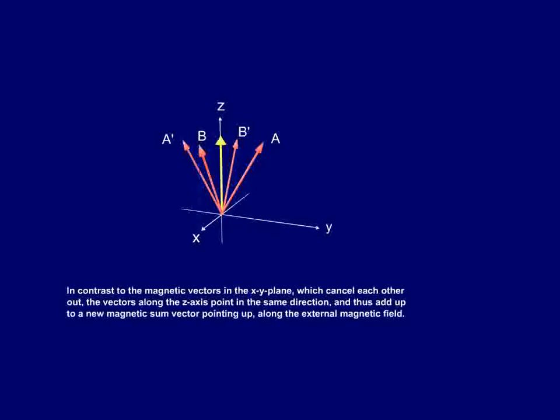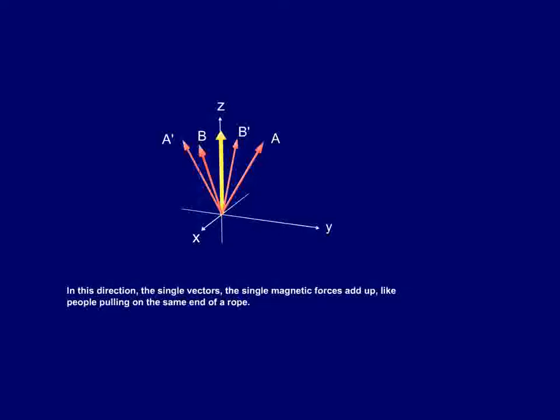In contrast to the magnetic vectors in the xy plane, which cancel each other out, the vectors along the z-axis point in the same direction, and thus add up to a new magnetic sum vector pointing up along the external magnetic field. In this direction, the single vectors, the single magnetic forces, add up, like people pulling on the same end of a rope.